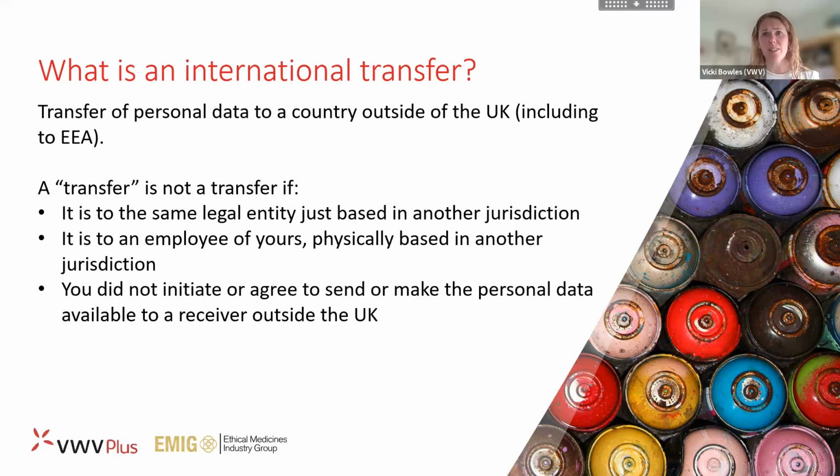I don't understand computers enough to understand an example of when that might happen. But my understanding is if it doesn't stop, so it might be routed through servers based in Australia, but if it then comes back to the UK, there's been no international transfer as long as it doesn't stop long enough in Australia for it to be accessible and or manipulated in some way.